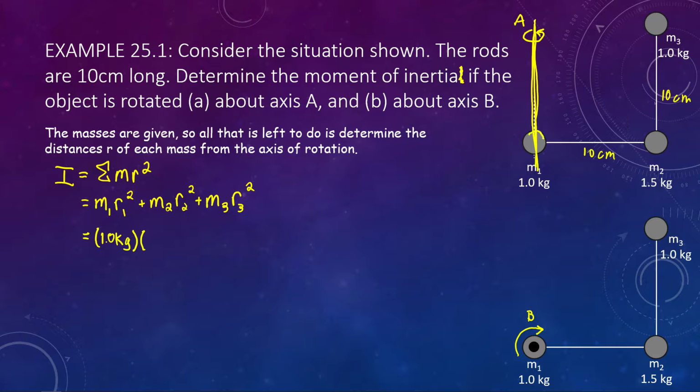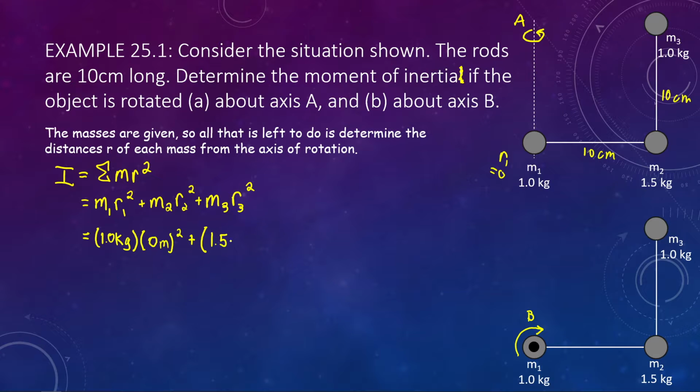Mass m1 is on the axis. It's literally lying straight over it. So as a result, that distance is 0, right? R1 is 0. And so we can plug in 0 meters here. It is right on the axis of rotation, so there is no value r.